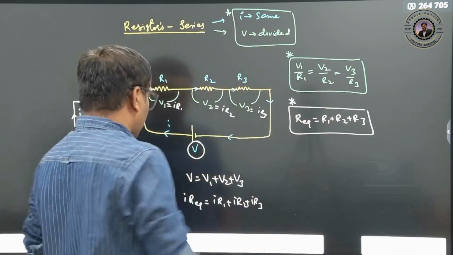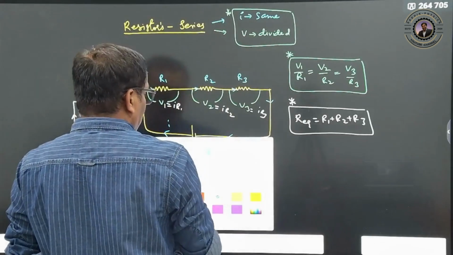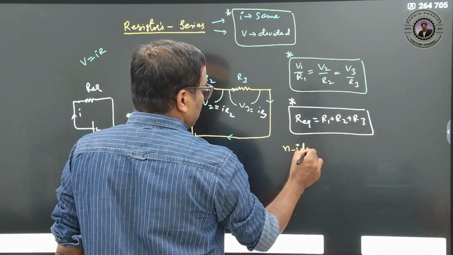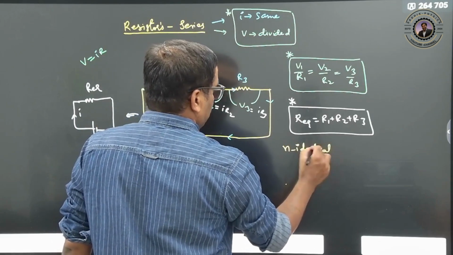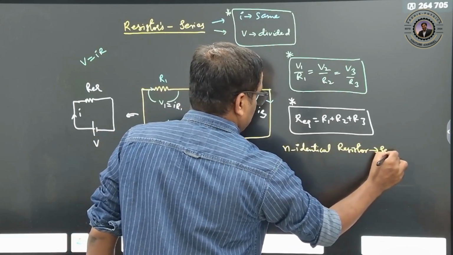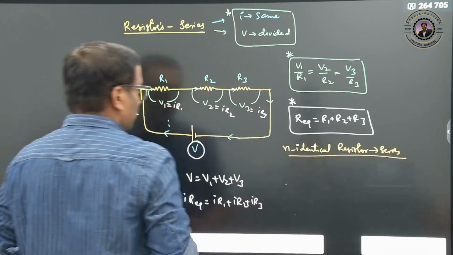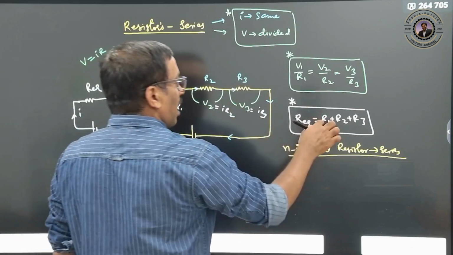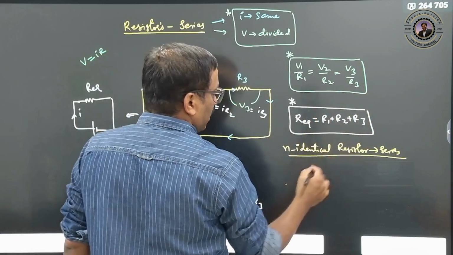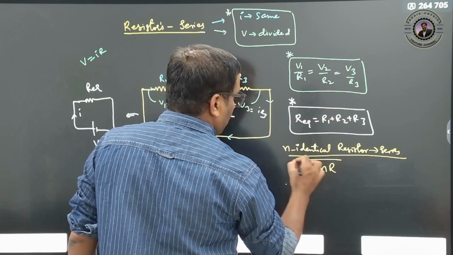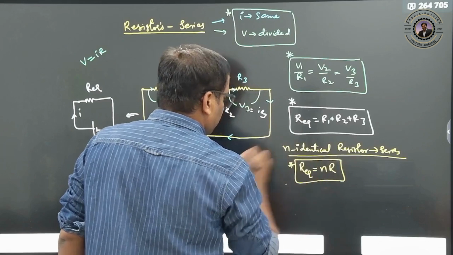Suppose n identical resistors are connected in series, R plus R plus R like that. Therefore R equivalent can be written as n times R. This is your R equivalent.